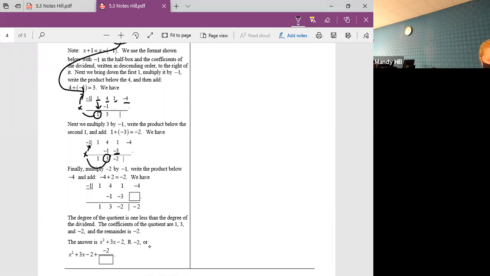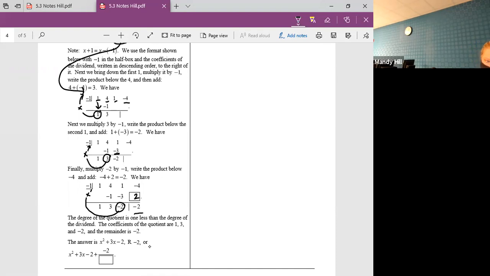So now they're saying we'll take your negative 2 and multiply it by this negative 1. And negative 2 times negative 1 is positive 2. And then you add these, negative 4 and 2 is negative 2.